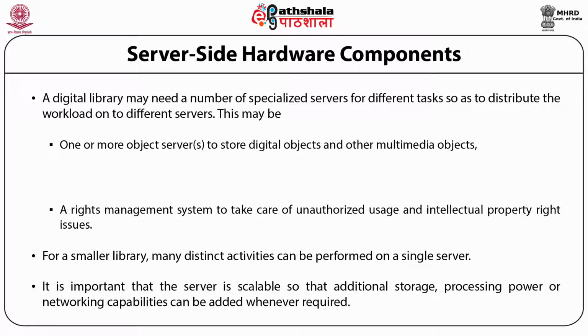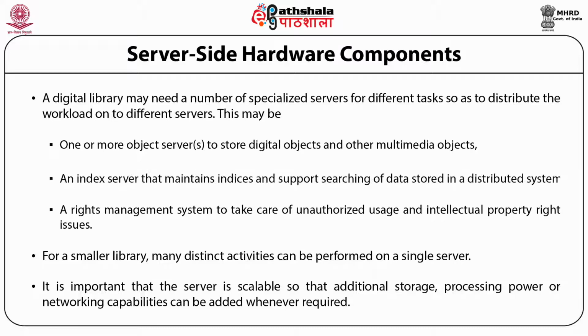There is also a requirement of an index server that maintains the indices and supports searching of data stored in a distributed system. It is also required to have a rights management system to take care of unauthorized usage and intellectual property right issues. For a smaller library, many distinct activities can be performed on a single server.